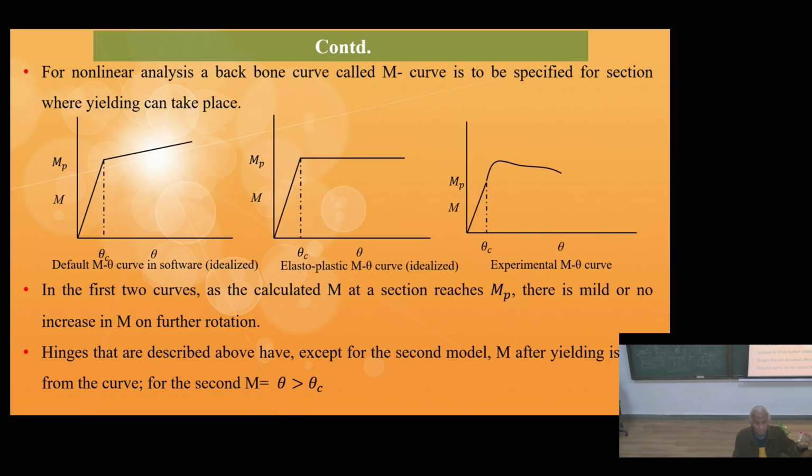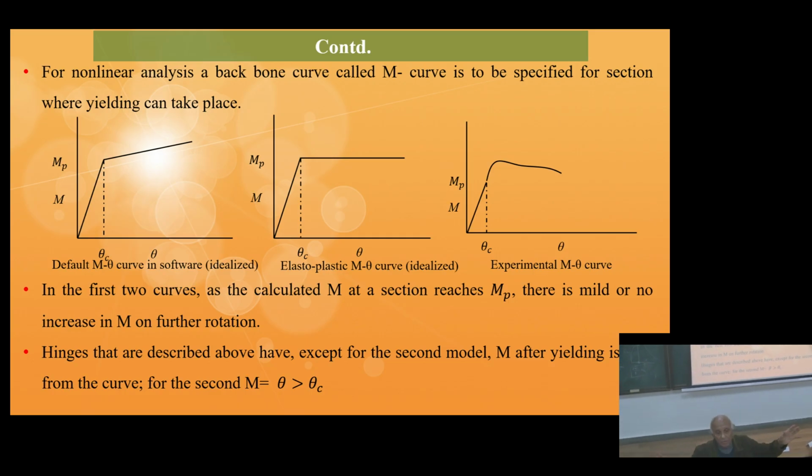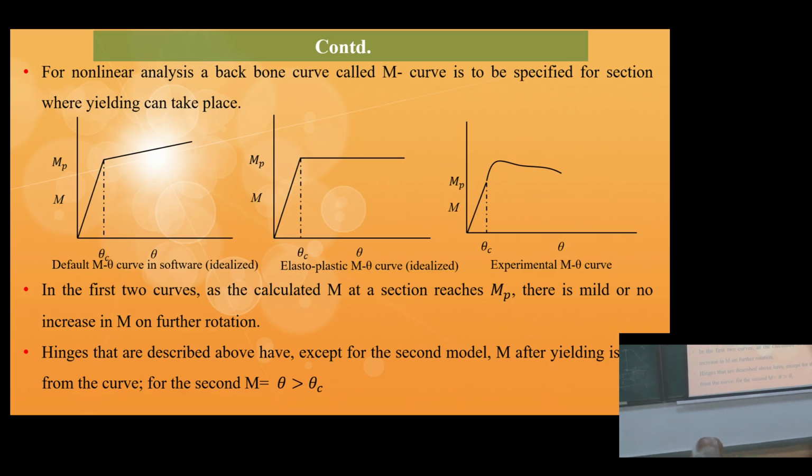So the idealization I mentioned before, that once the plastic hinge is obtained you replace it by an ordinary hinge, meaning it cannot take up moment, is valid for this kind of backbone curve.